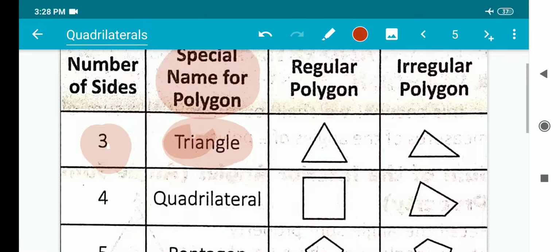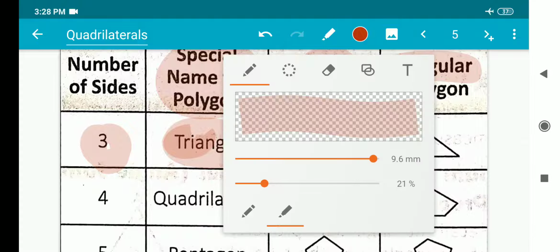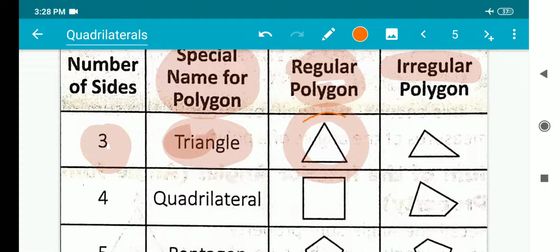This triangle can be regular as well as irregular. This is a regular triangle, and this is an irregular triangle, because this is regular as all its sides measure equal, whereas in this picture the sides of this triangle do not measure equal.